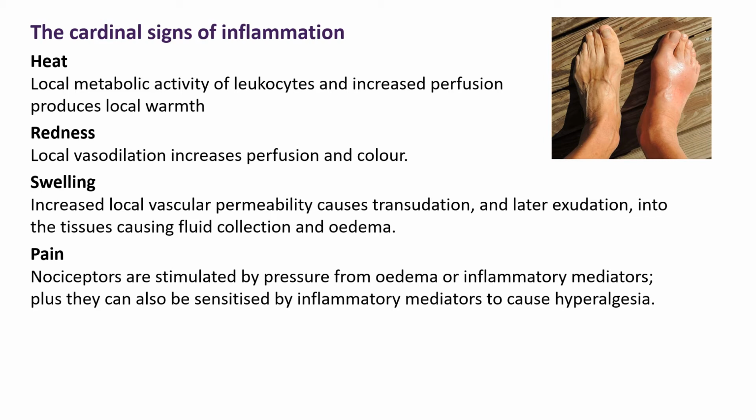And when they're sensitized, we will get hyperalgesia, increased pain. So our inflammatory process can not only stimulate pain, it can also sensitize the system, the sensory pathways, so that they perceive even more pain.